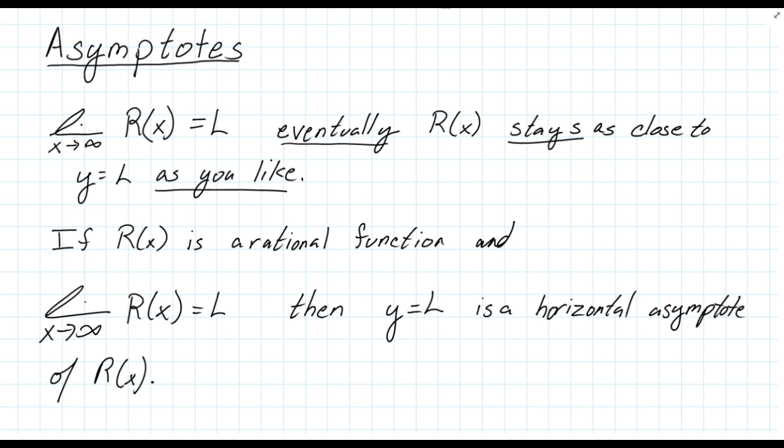Now the reason I specified that r of x is a rational function is because there's a more general notion of horizontal asymptote where we need to be a little bit more careful. But because of the properties of rational functions, this is sufficient for our case. So this is what we're going to take as our definition of a horizontal asymptote for rational functions for now.